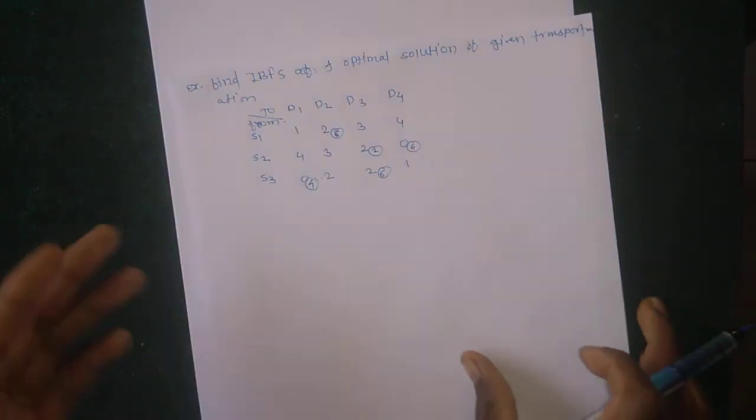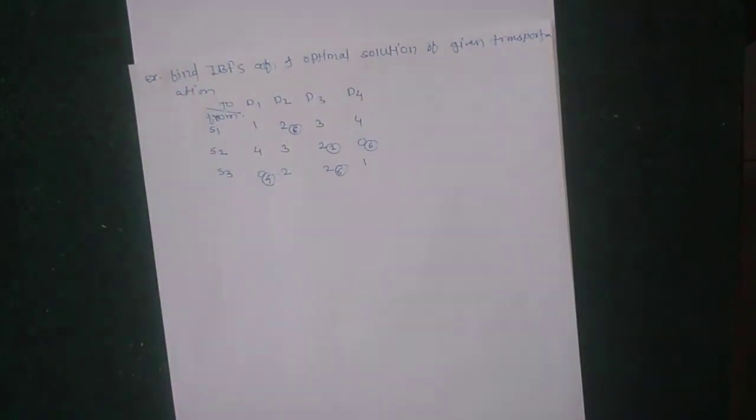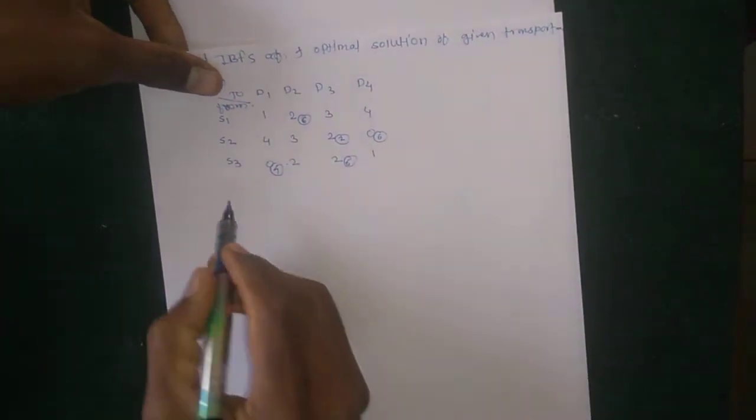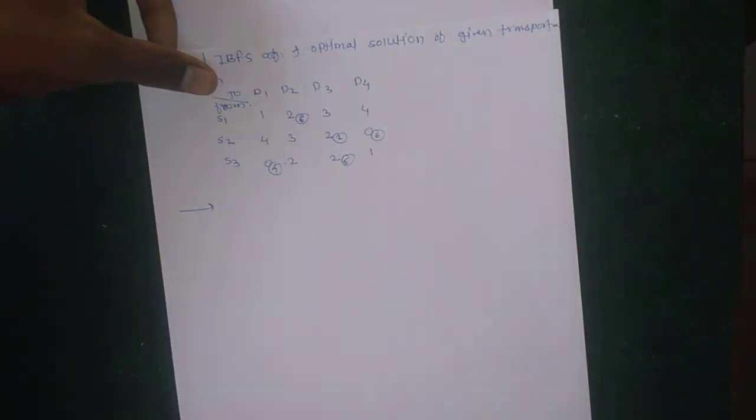Here there is no need to find the initial basic feasible solution by NWCM, LCM or VAM method, as the allocations are directly given. So firstly we have to check whether the number of allocations is equal to m plus n minus 1 or not.